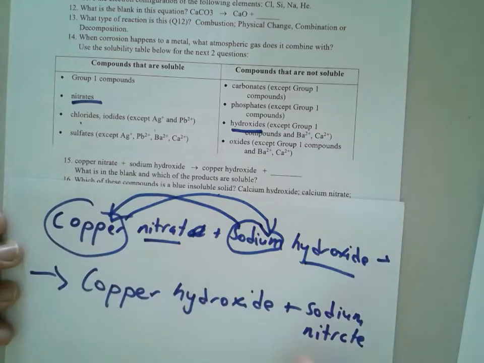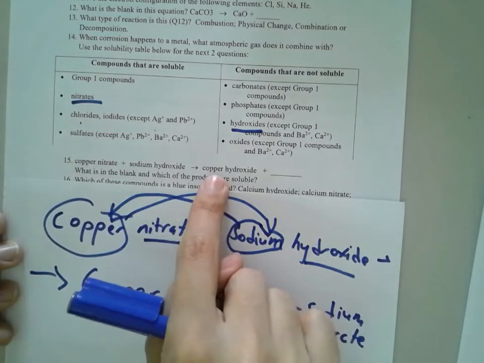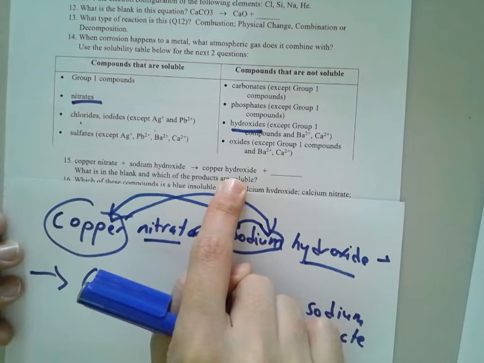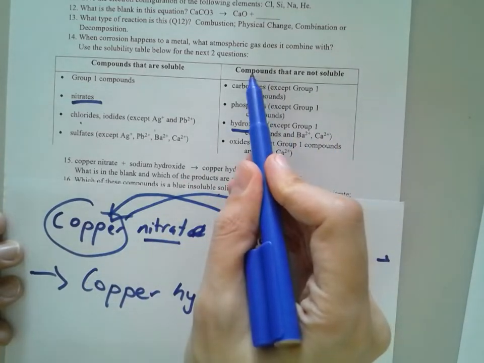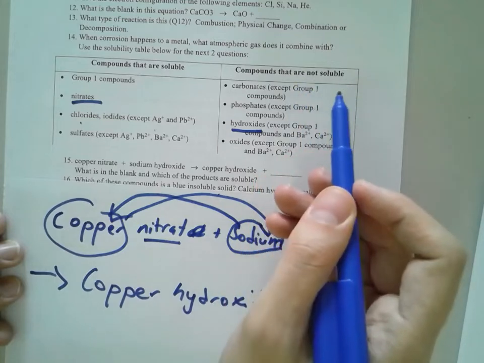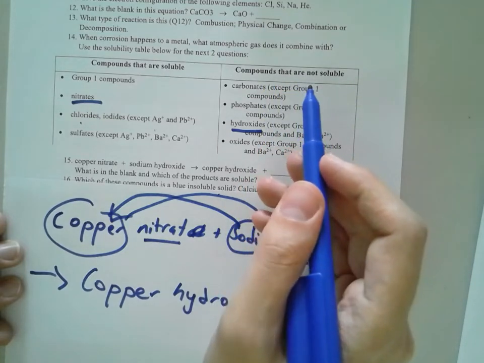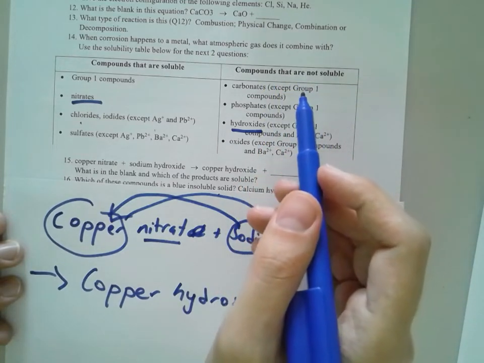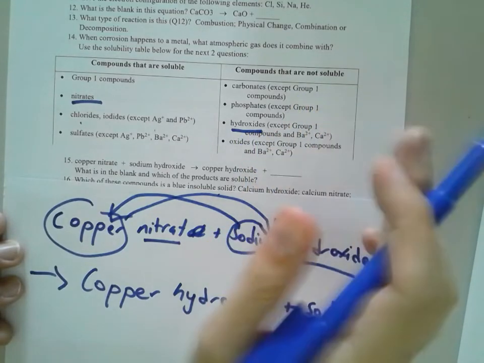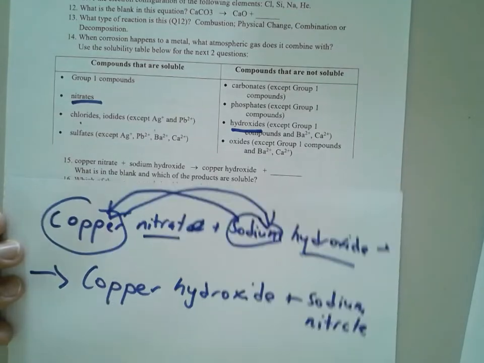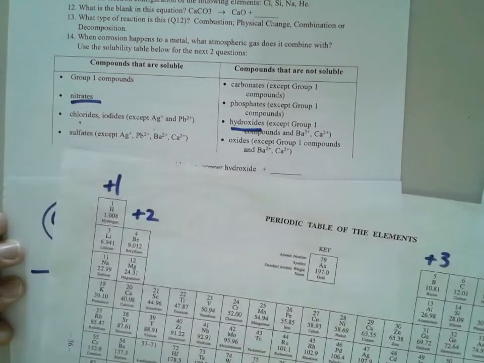So let's go to the first part, which is the copper hydroxide. It says compounds that are not soluble, meaning they form the precipitate or they don't dissolve into water. Every hydroxide except for elements in group 1.